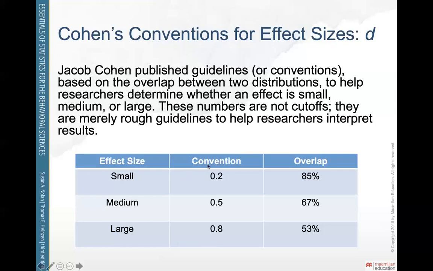If you get a Cohen's d of 0.2, what that means is that the sample mean and population are separated by 0.2 of a standard deviation. Whatever your Cohen's d is, that represents the number of standard deviations of difference between your sample mean and your population mean.